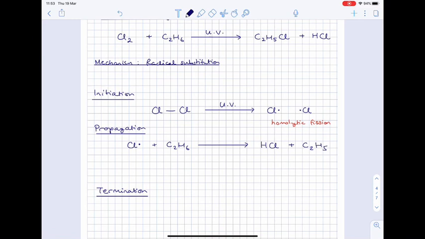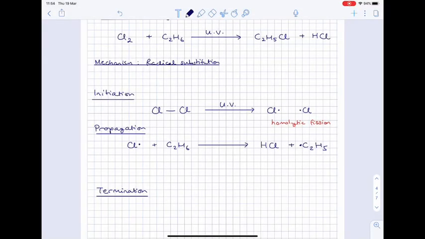So this must be a radical because this hydrogen halide is in the overall equation. That's not a radical. That's the byproduct in the reaction, and it's produced in the first propagation step. So the radical is the alkyl radical.